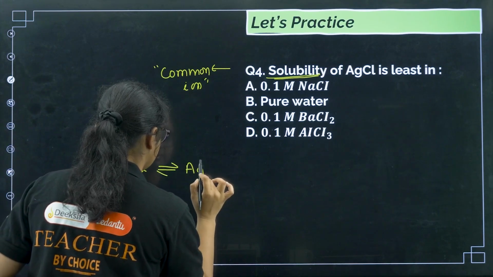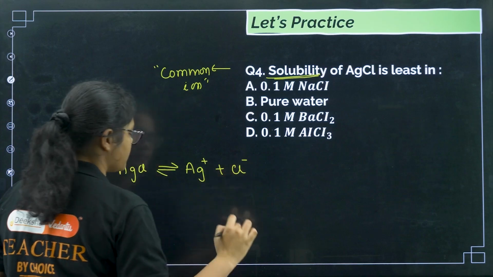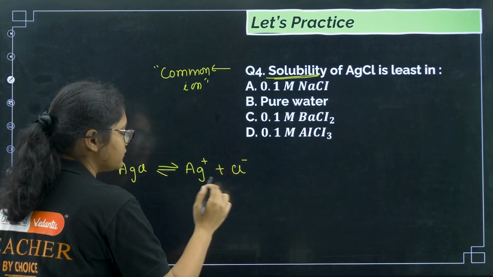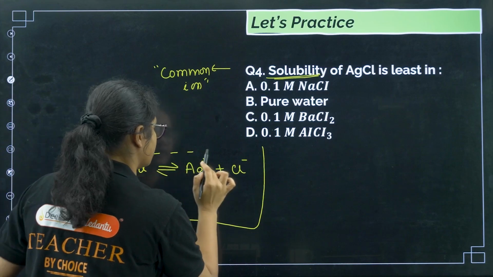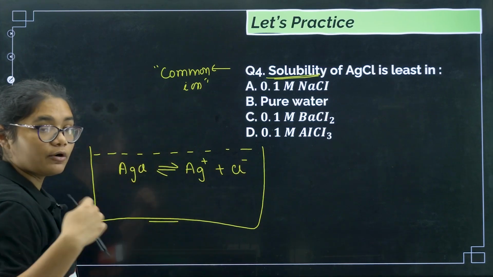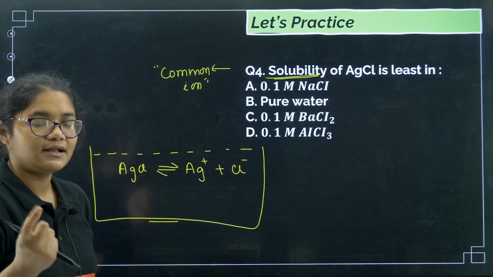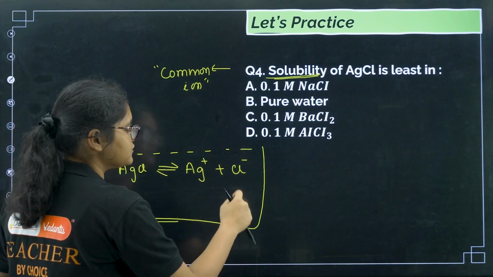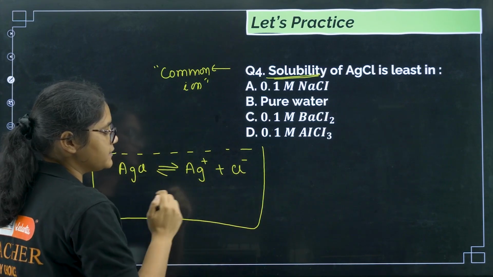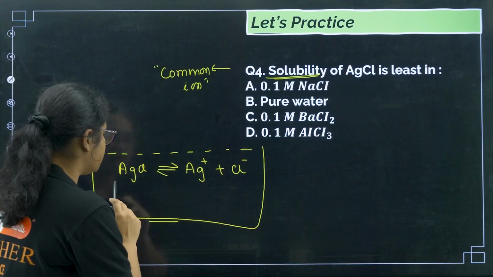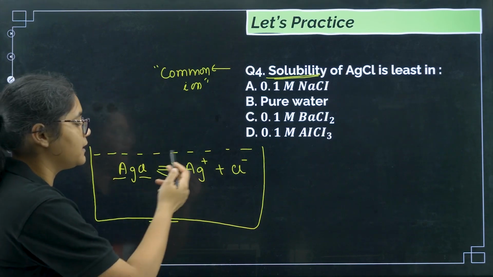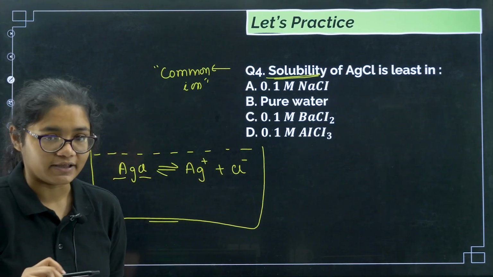To give you Ag+ and Cl-. Now, if the solvent already has Cl- ions, then what will happen? If more Cl- is present, then Le Chatelier's principle tells that the reaction will proceed in the backward direction and we will get solid AgCl. We will not be able to produce Cl- ions, right?